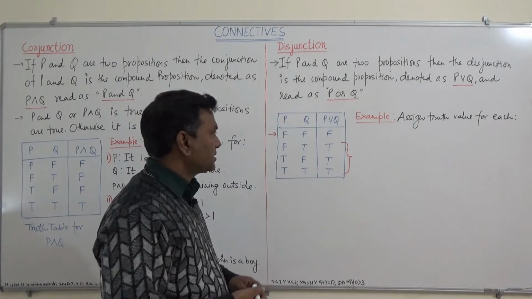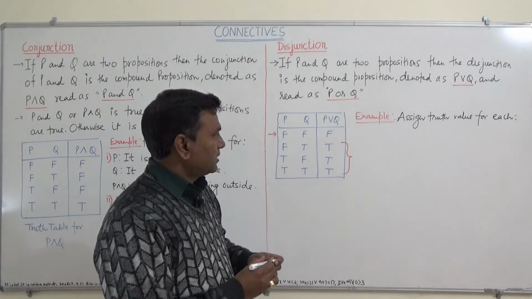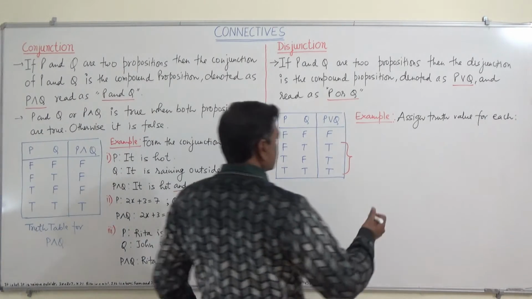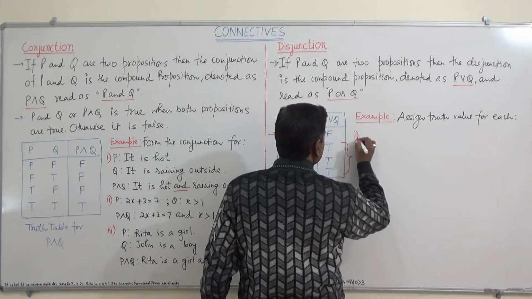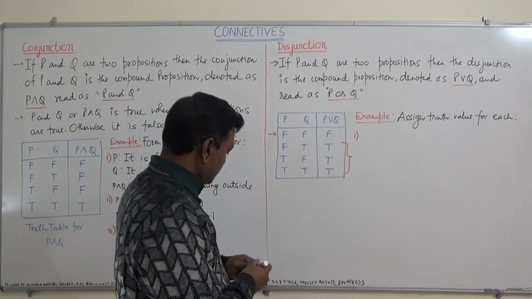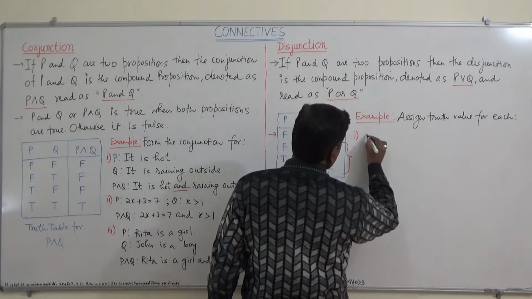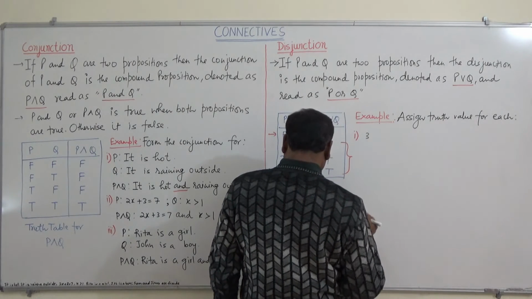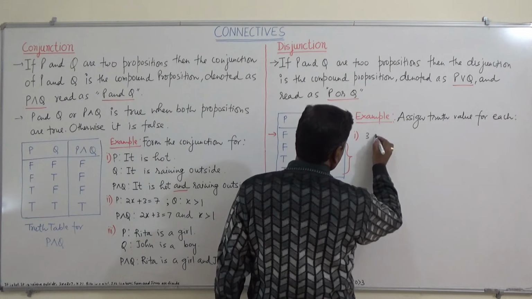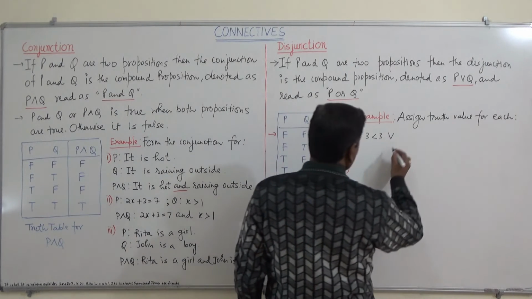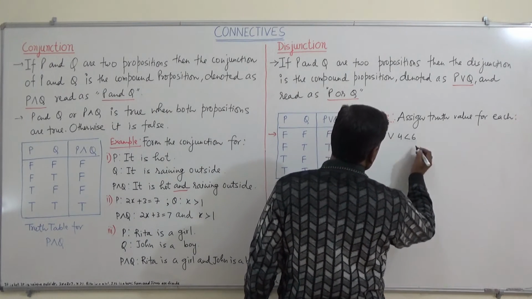Now let us consider the cases. The case one is: 3 is less than 3 or 4 is less than 6.